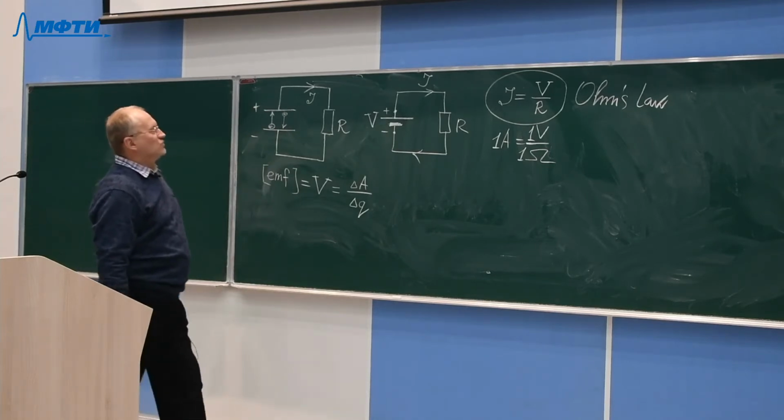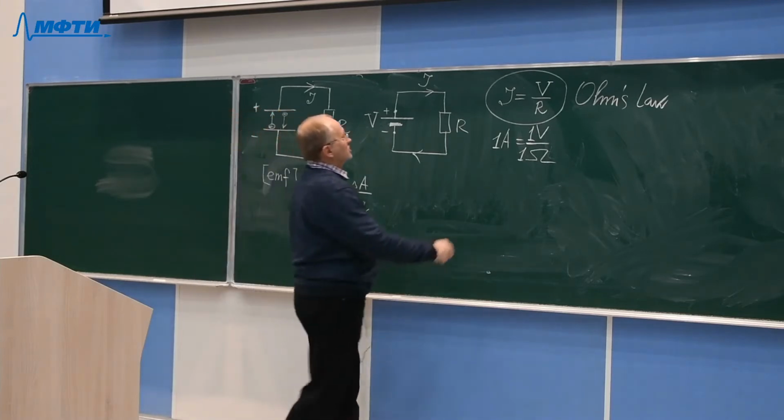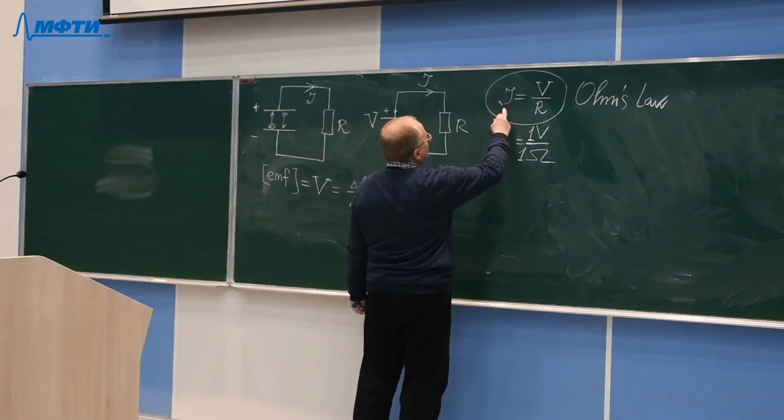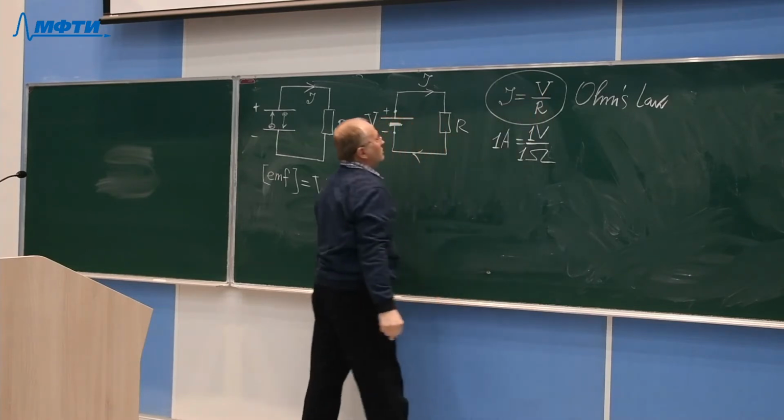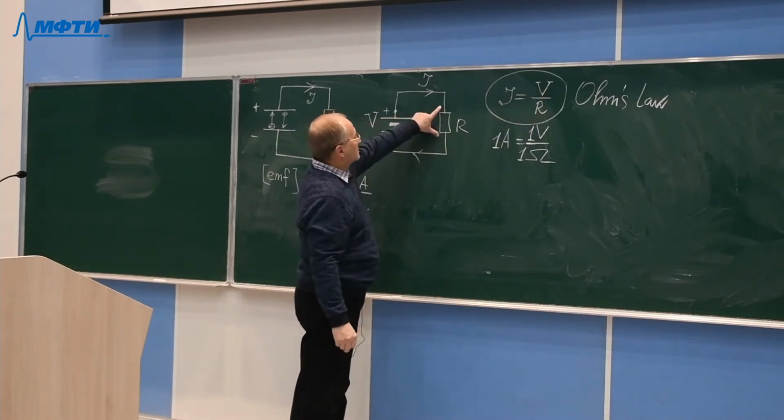Ohm's law establishes that the electric current is directly proportional to the voltage which is supplied to some resistor.